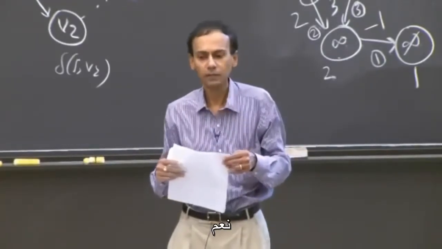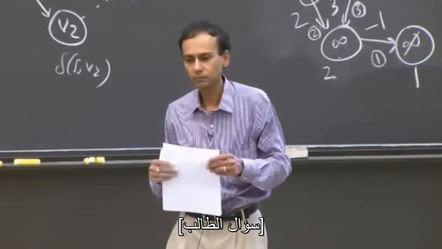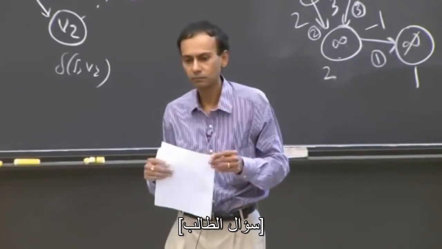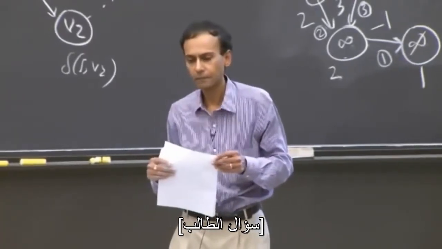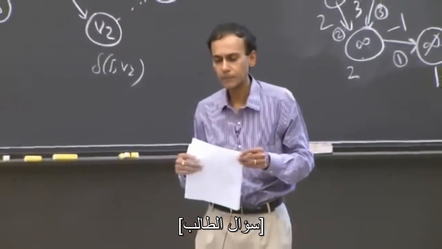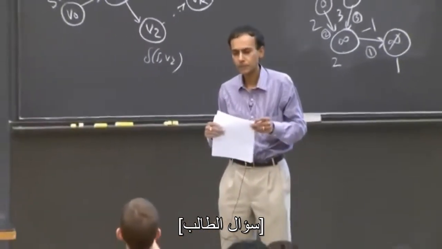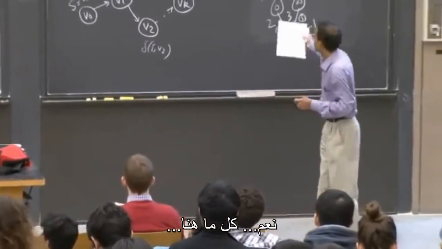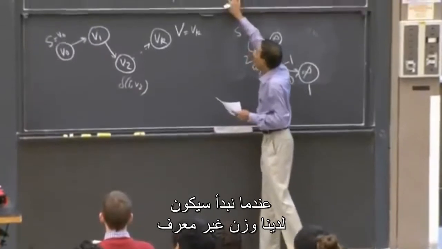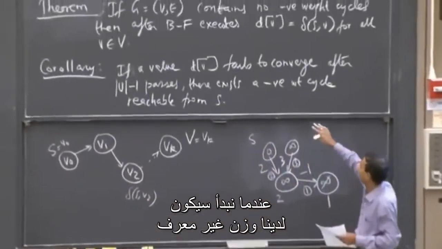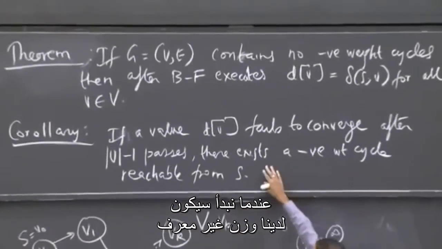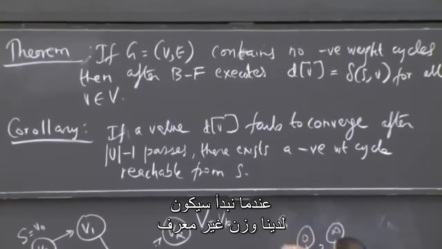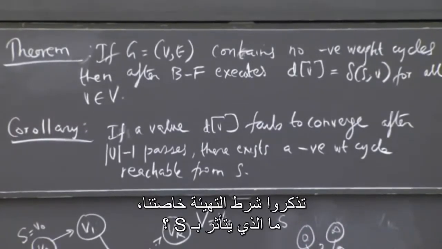Yeah? In the corollary, does that assume you have a connected graph? Because you could have a negative weight edge in a separate part of the graph, which isn't reachable from S. Yeah, so remember your initialization condition: what is affected by S?